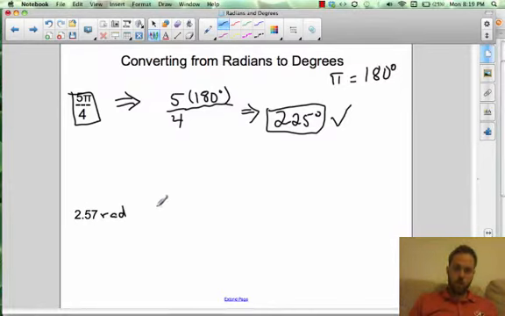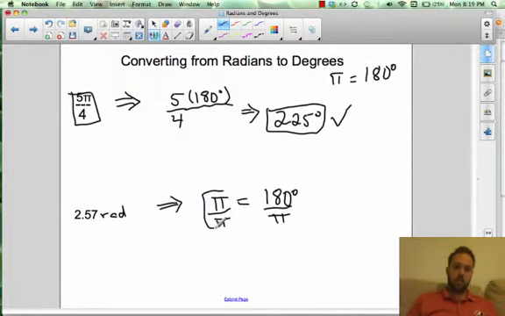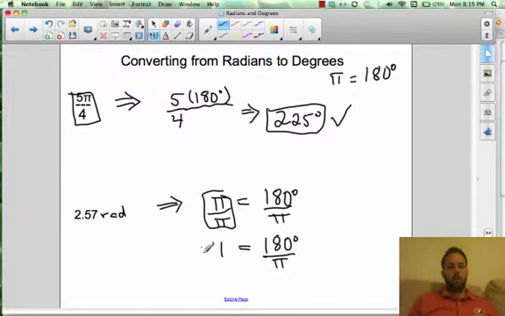Let's start by working through our known equivalencies. Pi equals 180 degrees. Now if we divide both of these sides by the same thing, that being pi, this ends up being 1. 1 equals 180 degrees over pi radians. We don't have 1, we have 2.57.